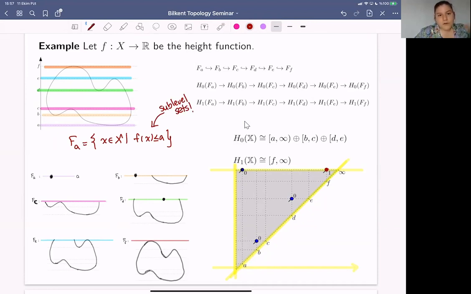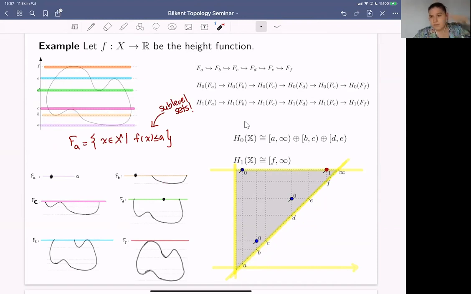When you consider the sublevel set filtration, at F sub A you will see only one point. But when you go up and consider the sublevel set at the point B, now you have two connected components. And these two components are going to merge when you come to the level C.